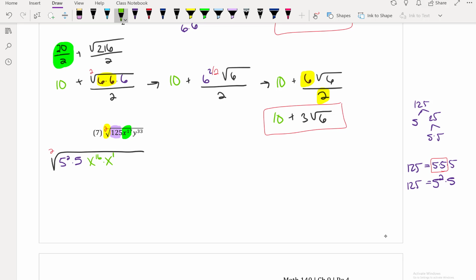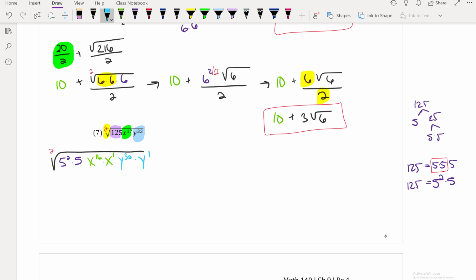Well, what's 16 plus 1? It gives me 17. So all I did was break it down so that one of the powers can be divided by the index. And the last thing I want to look at is my y. So same thing, 33 cannot be divided by 2 nicely. It's going to give me a decimal. So I'm going to say this is y to the 32 times y to the 1.